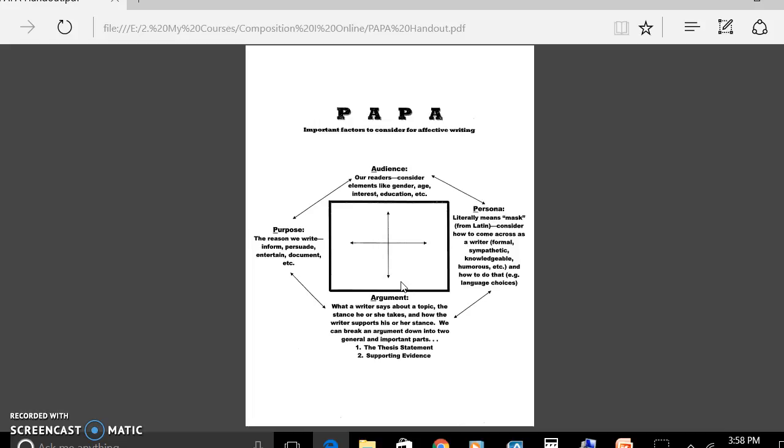You have to take a side. That's what you'll be doing in the argumentative paper that we write. You can't just straddle the fence and present information on both sides. You will present information on both sides of the fence, but you have to take a stand. Where do you stand on this issue and why? Okay? So these are important factors to consider.